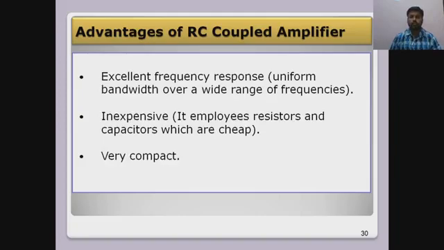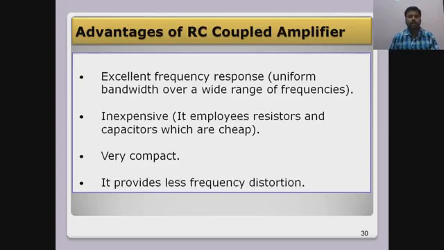It is compact, as all the components are very small, so we can assemble or solder them within a small area of the PCB. And it provides very little frequency distortion.